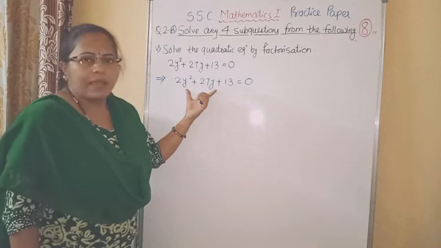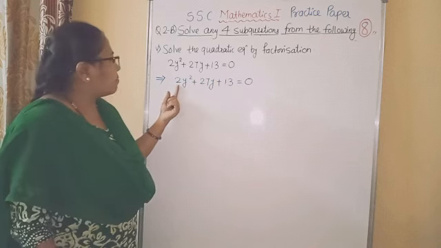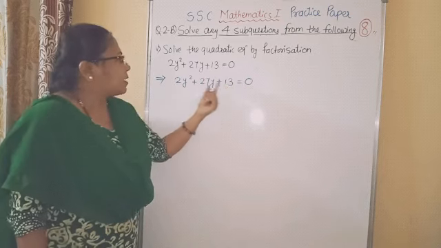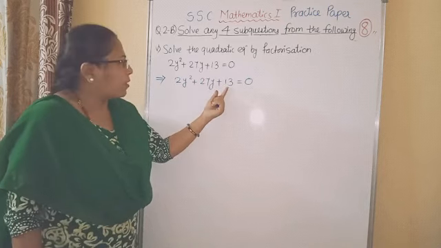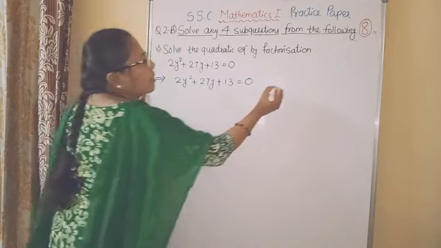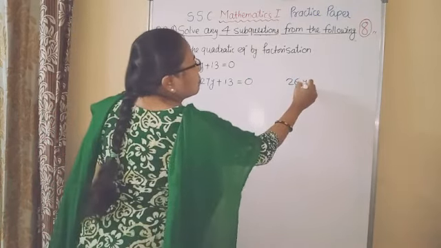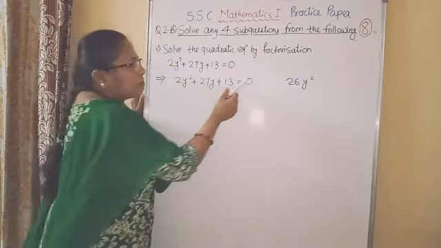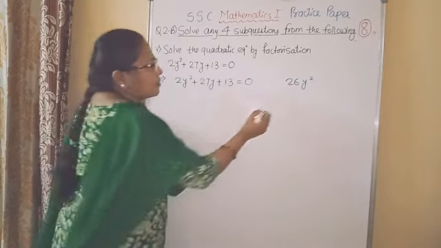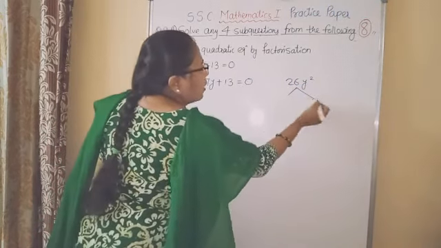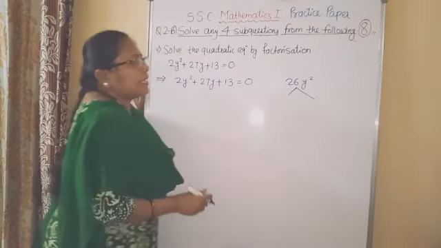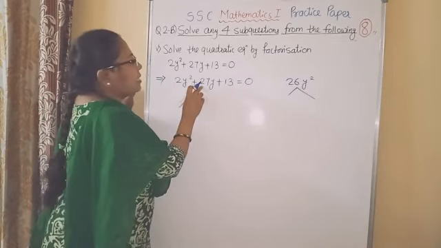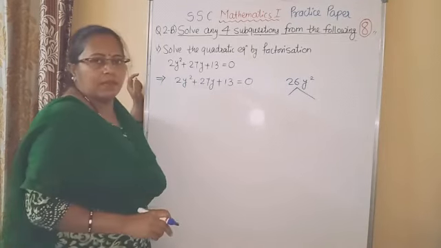To find the factors, first we have to multiply the first term and the third term. 2y square multiplied by 13, the product is 26y square. Both the terms have a plus sign, so the product is also plus. Now we have to find the factors of 26y square such that their addition is 27y.